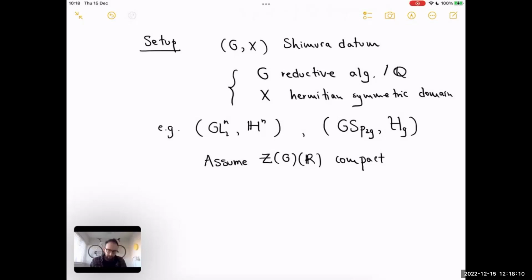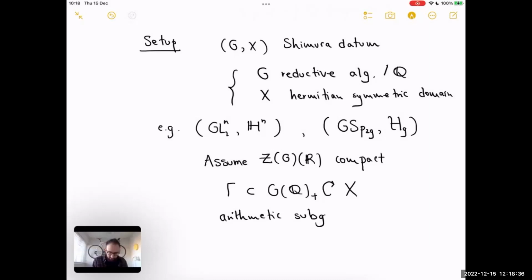And then I need a level structure or an arithmetic group, gamma. That sits inside G(Q), but G(Q) itself doesn't actually act on X. It has a finite index subgroup that acts on X, which I denote with a plus, and this is an arithmetic group.